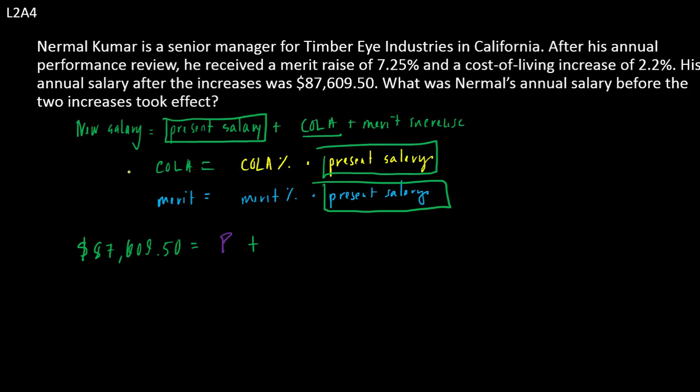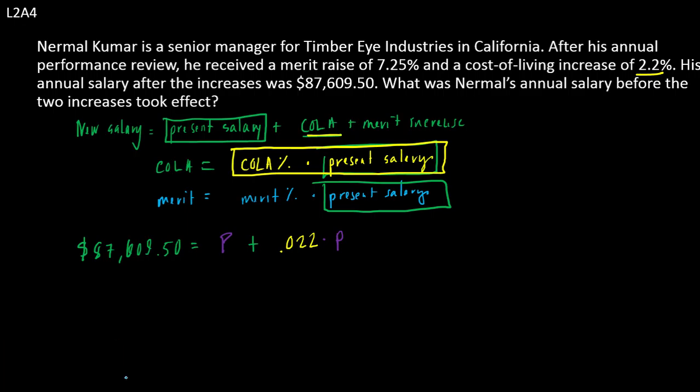So rather than just rewriting COLA, I'm going to replace it with this piece because they're equivalent and I'm allowed to do that. So cost of living adjustment percent is 2.2%. I have to write it as a decimal. So 0.022 is my cost of living adjustment percent, and it gets multiplied by my present salary. Again, I don't know my present salary, so I'm going to write a P.